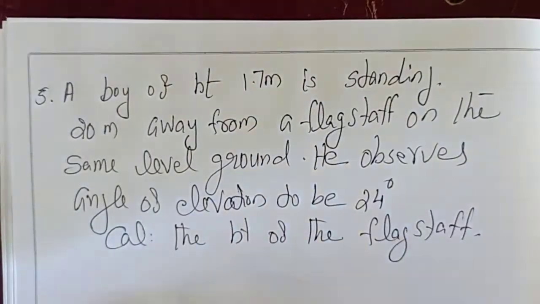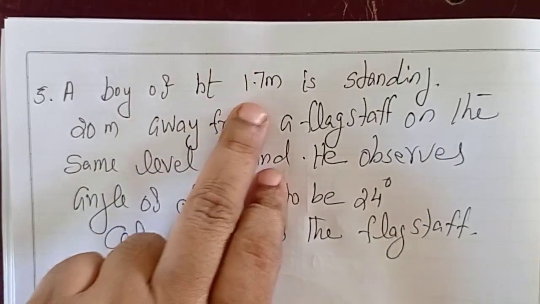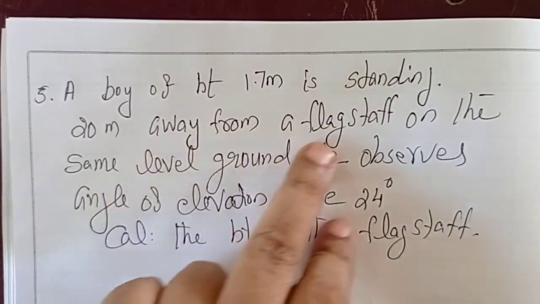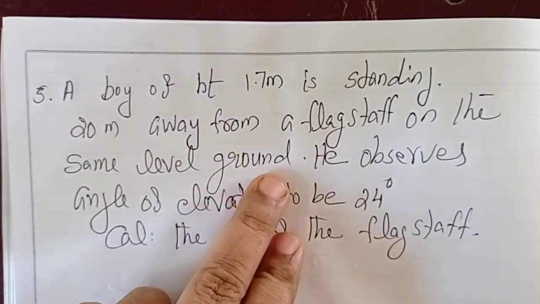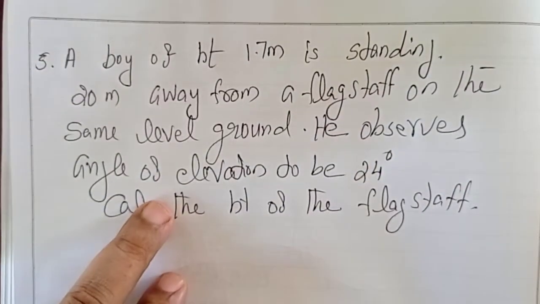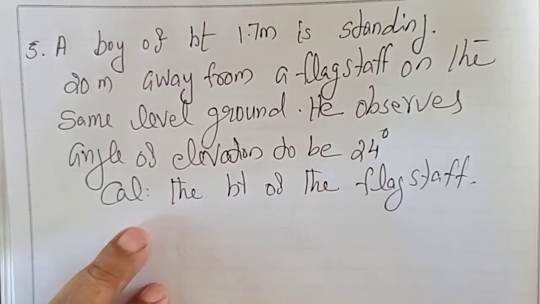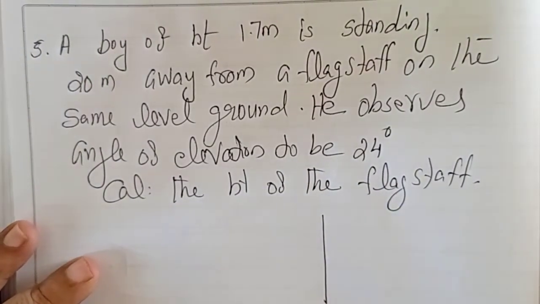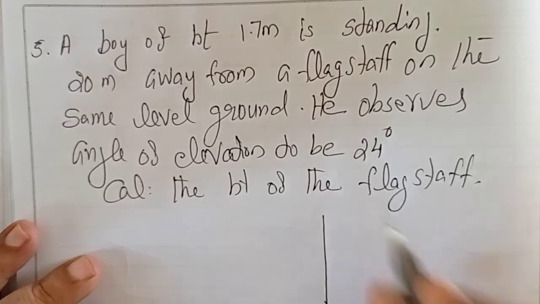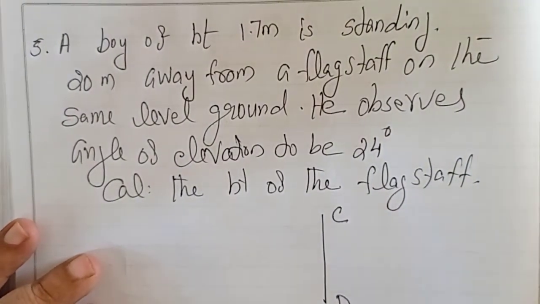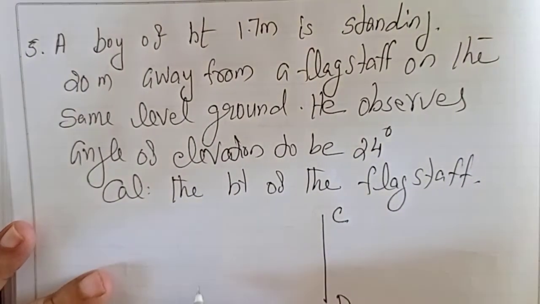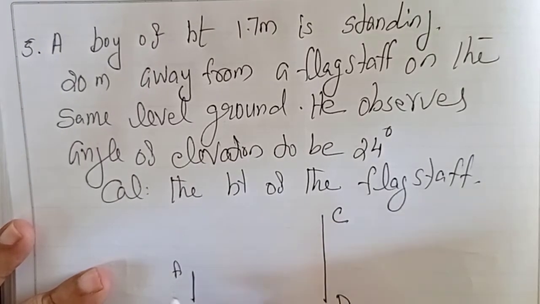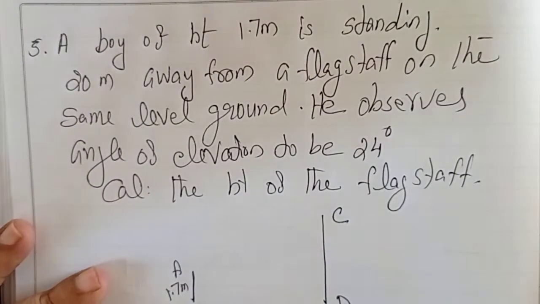All of you write one more question here. Question number 5, I think. A boy of height 1.7 meter is standing 20 meter away from a flagstaff on the same level ground. He observes the angle of elevation to be 24 degree. Calculate the height of the flagstaff. You can draw the figure. You can mark CD as the flagstaff and AB as the boy of height 1.7 meter.